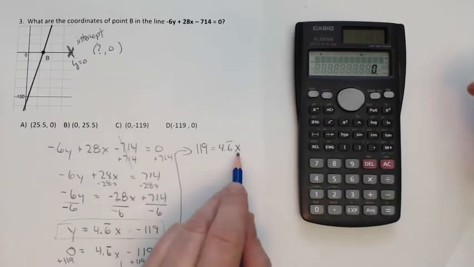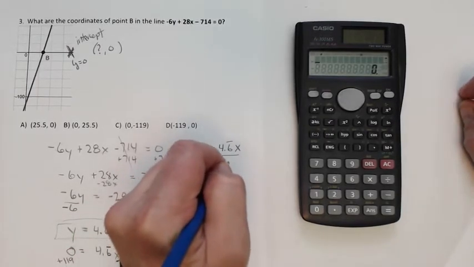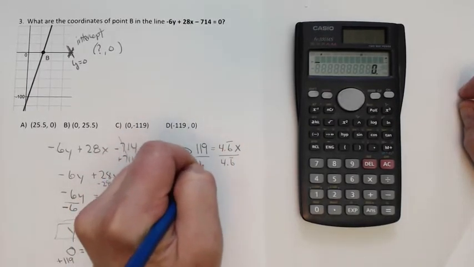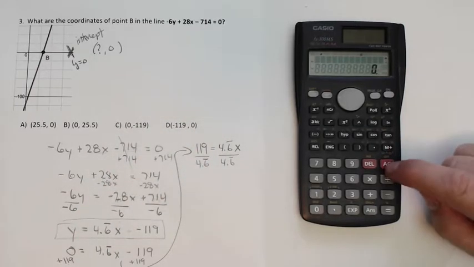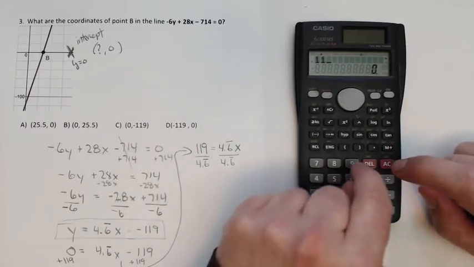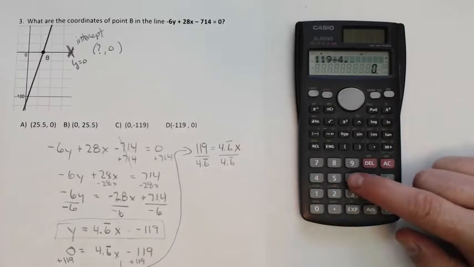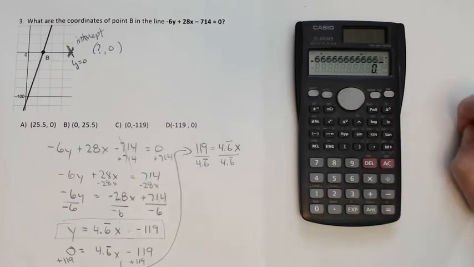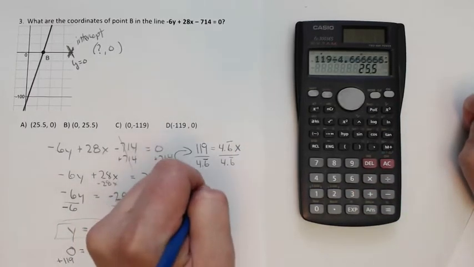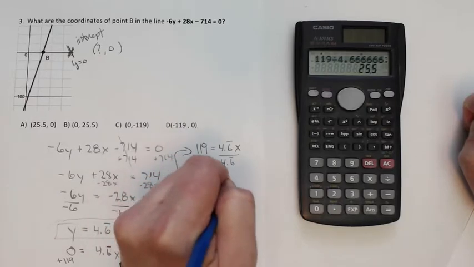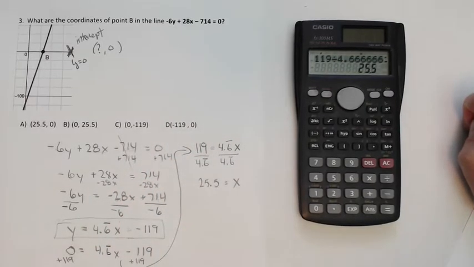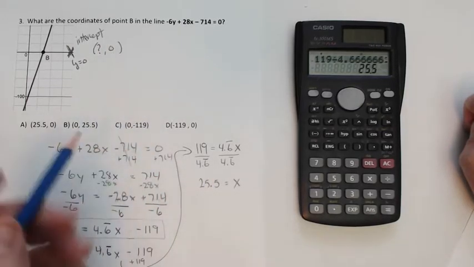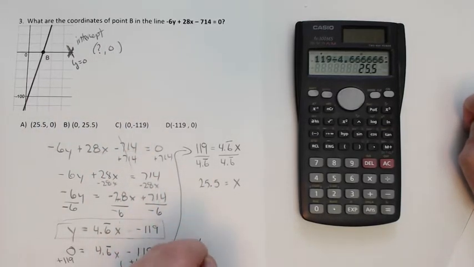Now I've got to divide both sides by 4.6 repeating, please, and we'll see what we get. 119 divided by 4.6 repeating, not just 4.6. Go ahead and fill all those in, and when you do that, you get 25.5 for the x, and what did we say? 0 for the y.